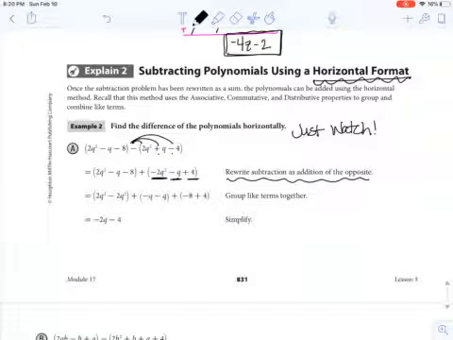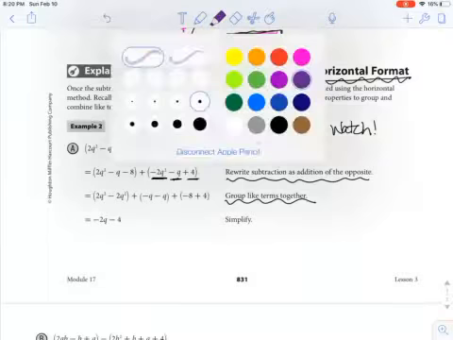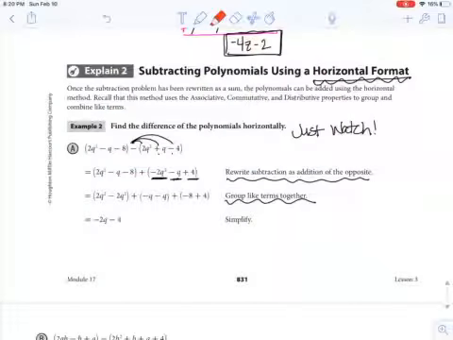And so what I'm actually going to do is group like terms. I'm going to highlight here. I notice that I have 2q squared and I have a negative 2q squared. And so that's where we see this group come into play. So we have 2q squared minus 2q squared.